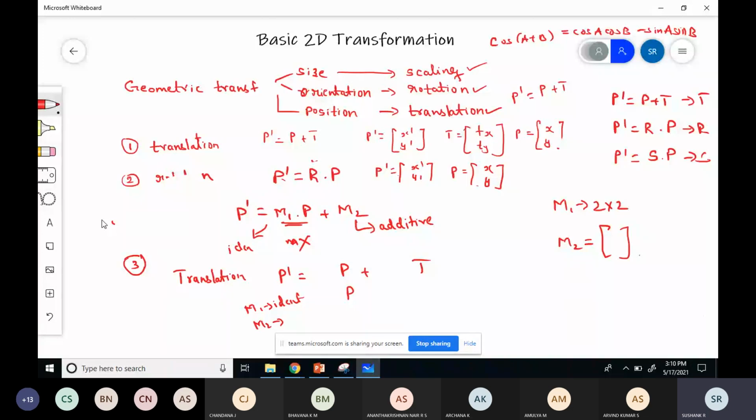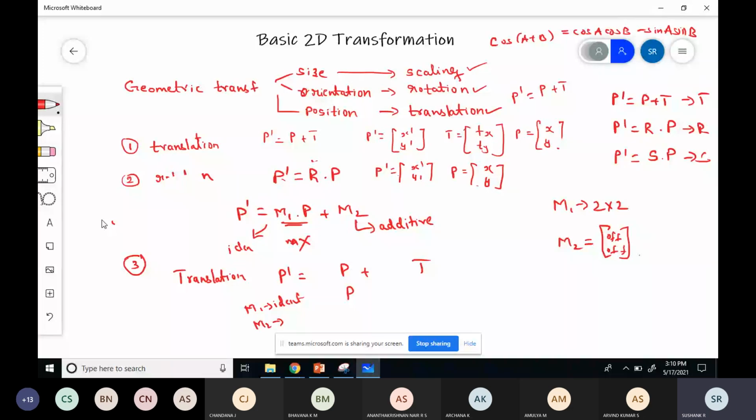This M2 will contain the values to which the translation should take place, like the offset values. So keep that in this general equation: whenever translation is involved, M1 will become the identity matrix, and M2 will become the shift vector values.